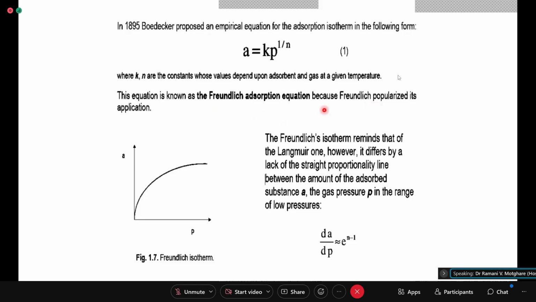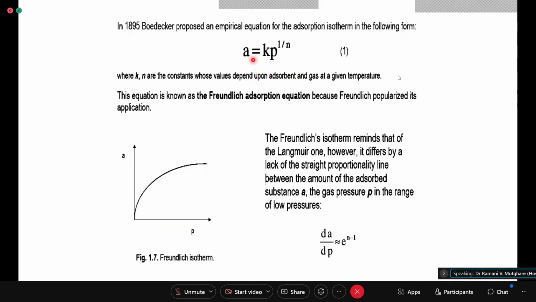Okay, now coming back to this. So Bodecker and Freundlich. Now, Freundlich can be pronounced as Freundlich, Frundlich, Frindlich. The spelling is like this. Okay. Now, according to Freundlich, this was a totally empirical equation based on intuitional logic.